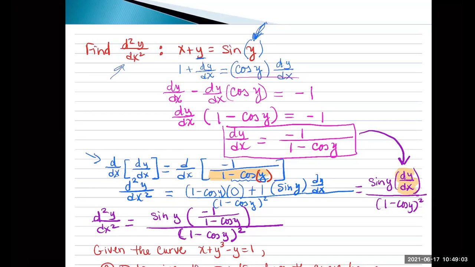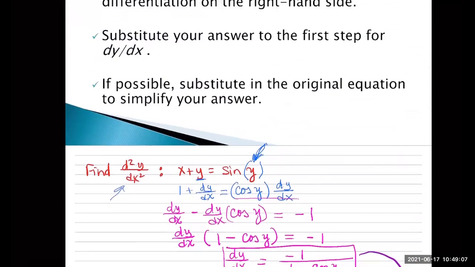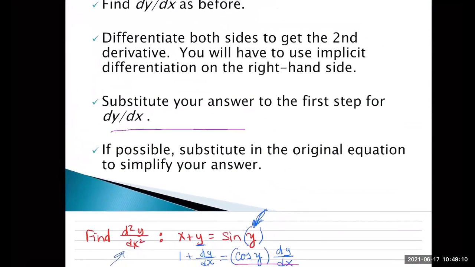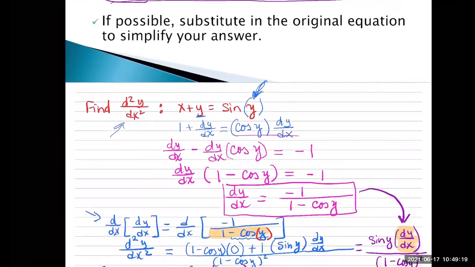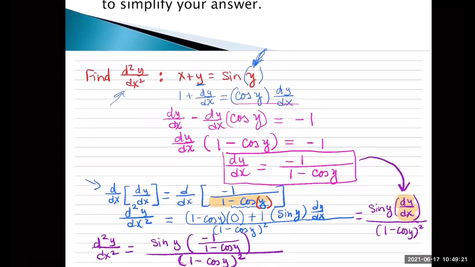And you'll have to do that every time. So I'm going to scroll up, but I promise I'll bring it back. This is what I mean by this step. If you're looking at those steps, every time you find the second derivative, you're going to have to substitute by plugging that in.